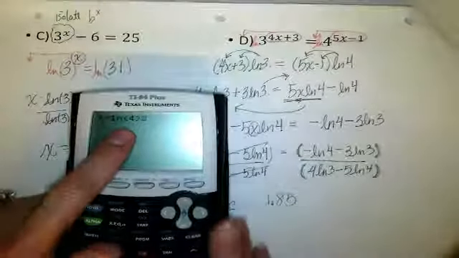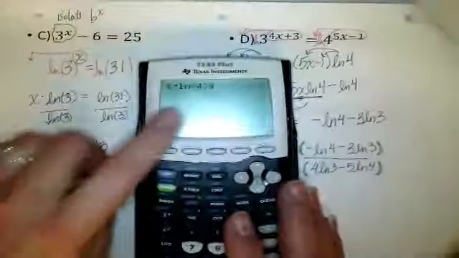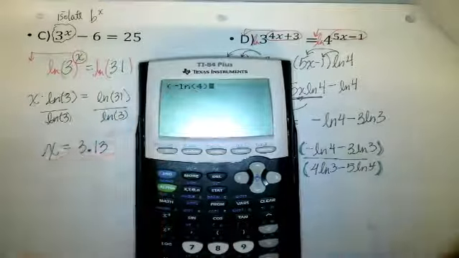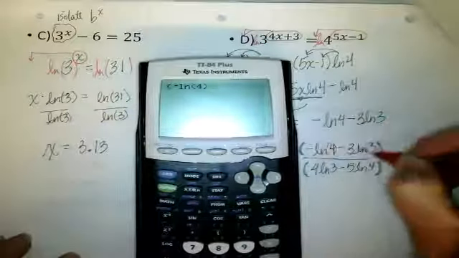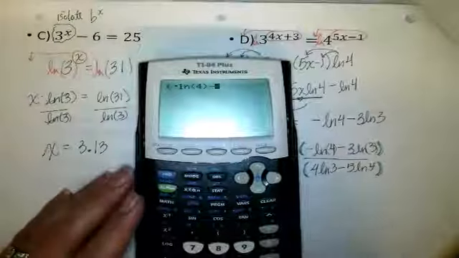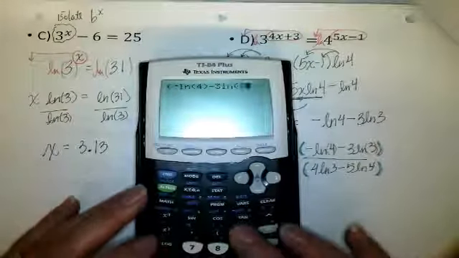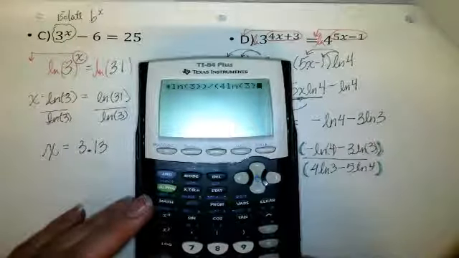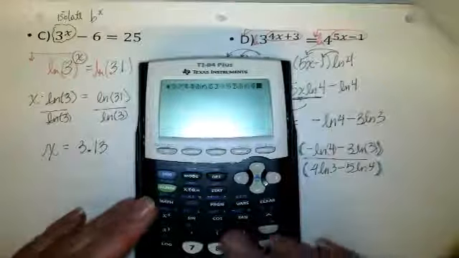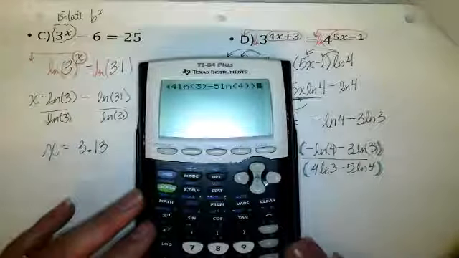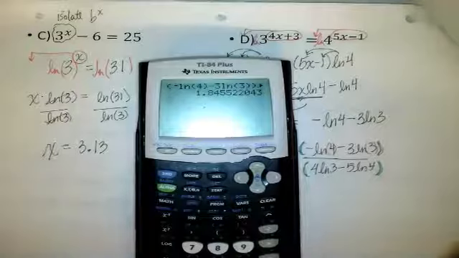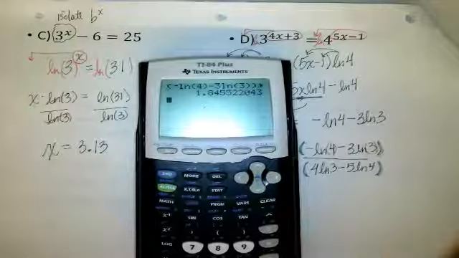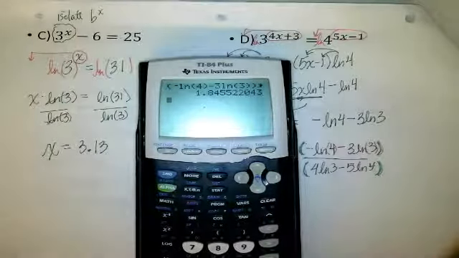On the TI they put in that parenthesis right after the natural log, so you have to close that. Minus 3 natural log 3, divided by 4 natural log 3 minus 5 natural log 4. Double parentheses, lots of work there. Ladies and gentlemen, the hardest part of this is using your calculator properly.